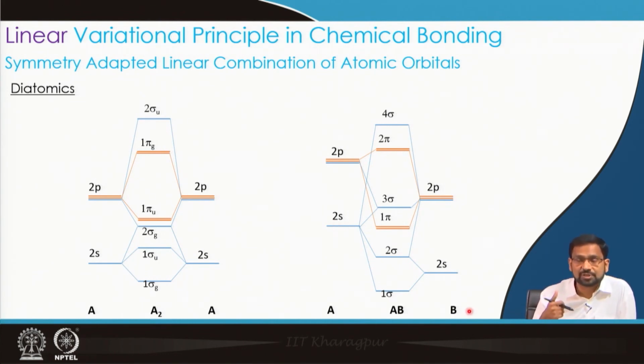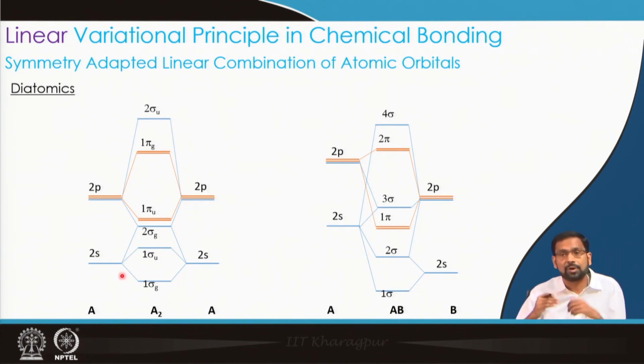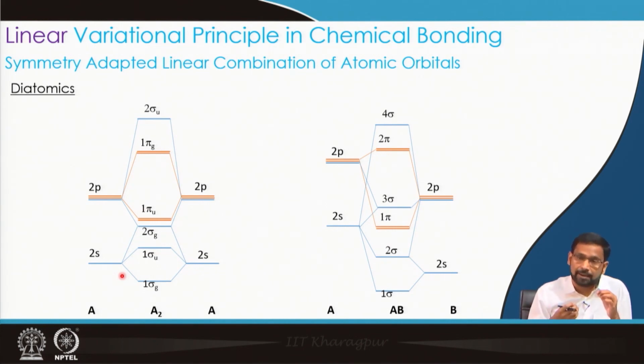So, the first difference is that the starting orbitals are no longer the same. Now, when the contributing atomic orbitals have the same energy, the overlap is very good, because the extent of overlap, the stability of the bonding and the instability of the antibonding orbital greatly get enhanced when the constituent atomic orbitals have the same energy.